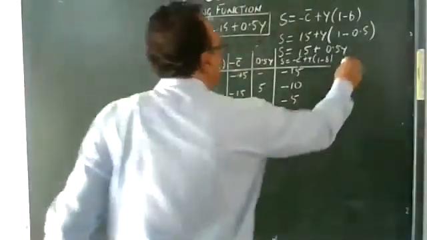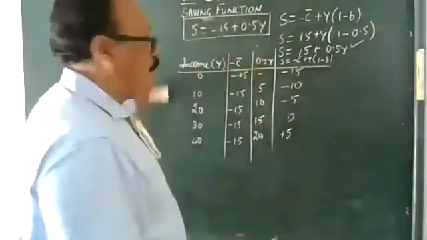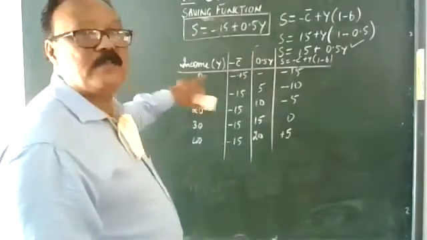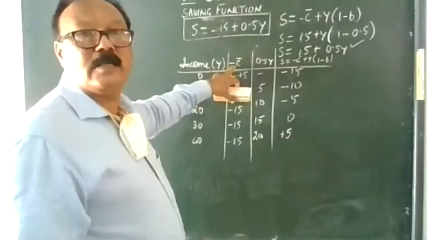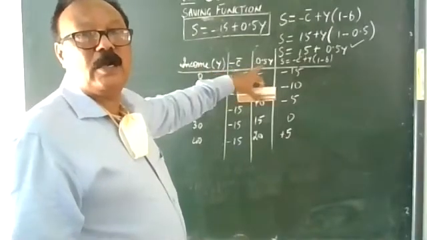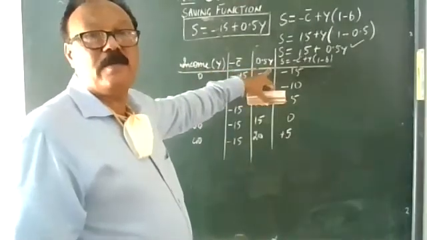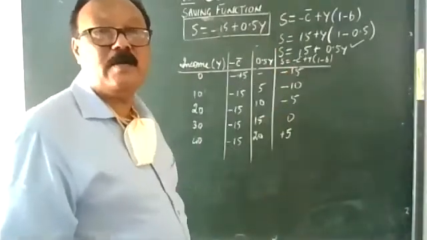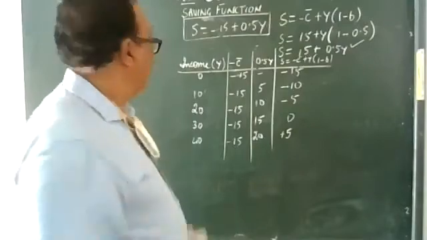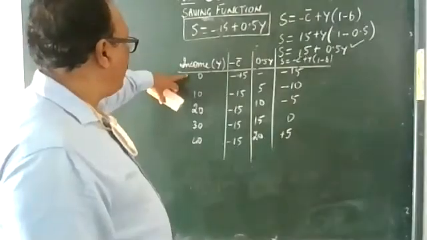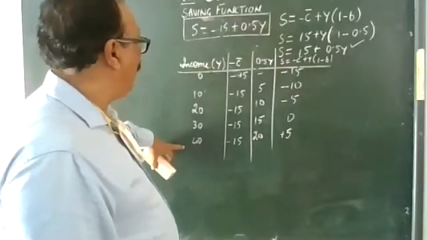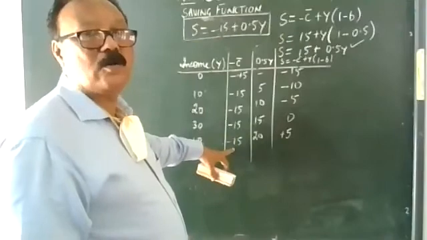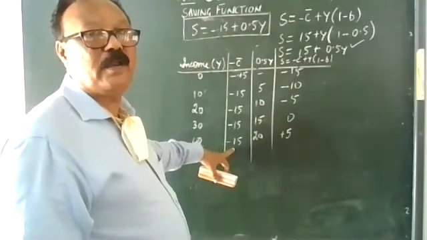Now using this, we put it in a schedule form. First column income, which is Y. Second column is autonomous consumption. The third column is we need 0.5Y, which is as per question. And the fourth column is the entire formula. Assuming income rises from 0, 10, 20, 30, 40. As per the question, autonomous consumption is given as minus 15.